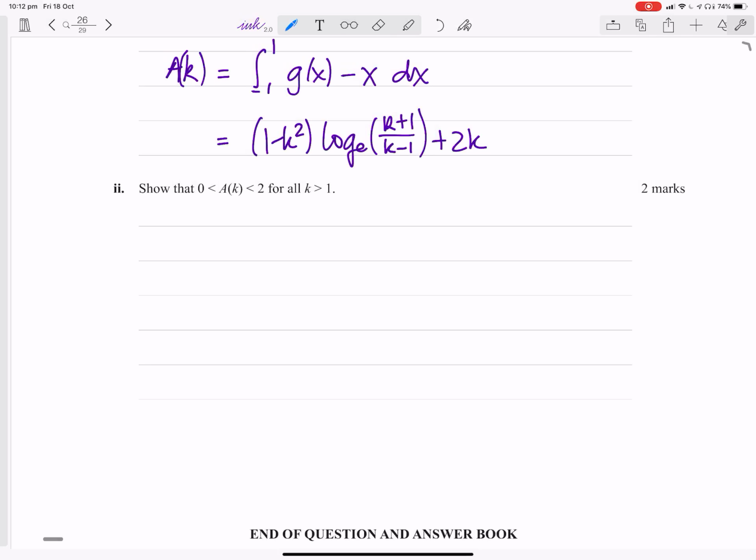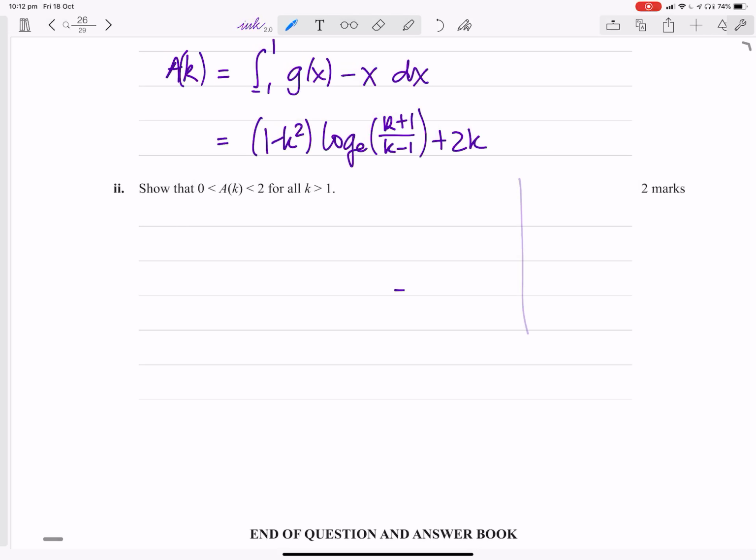As k approaches 1, A of k, how do we do this?